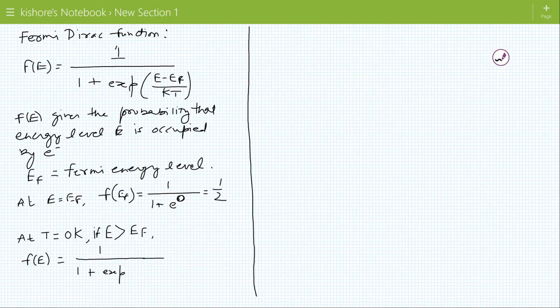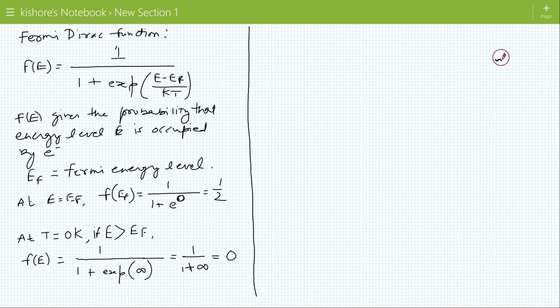See, if E is greater than EF, then E minus EF is positive and temperature is 0. So it is e to the power plus infinity, which is infinite. So this is 1 upon 1 plus infinite, or 1 by infinite is 0. So at absolute temperature, if energy is greater than Fermi energy level, then probability or Fermi-Dirac function is 0.